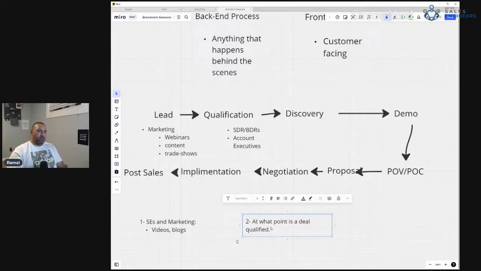Now, the way I see SEs is, again, what is the role of the SE in the qualification? Generally speaking, most people would say nothing. I would disagree.